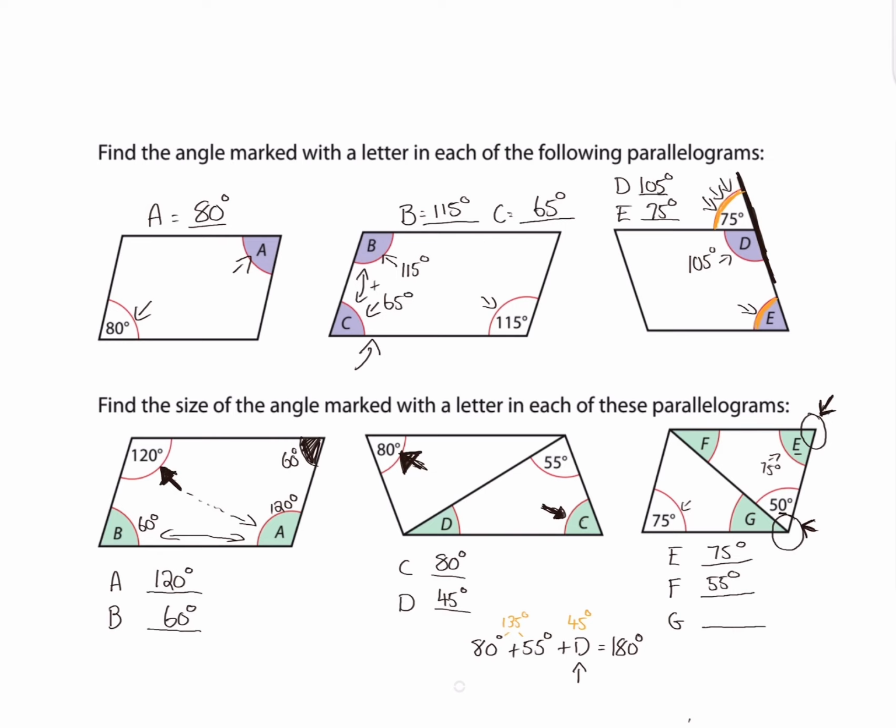Now we know that 50 plus 75 is 125, right? So that means that G must be the difference between 125 and 180. So G is 55 degrees.